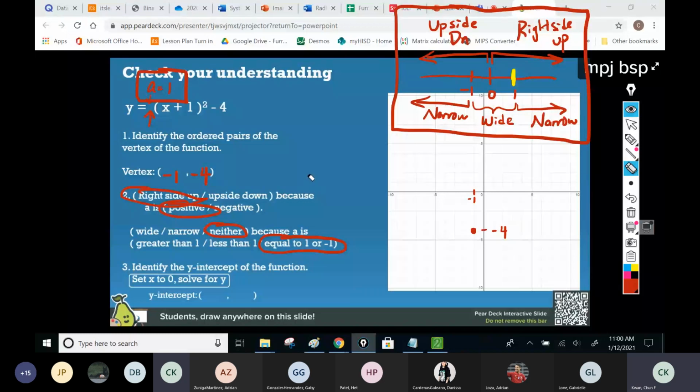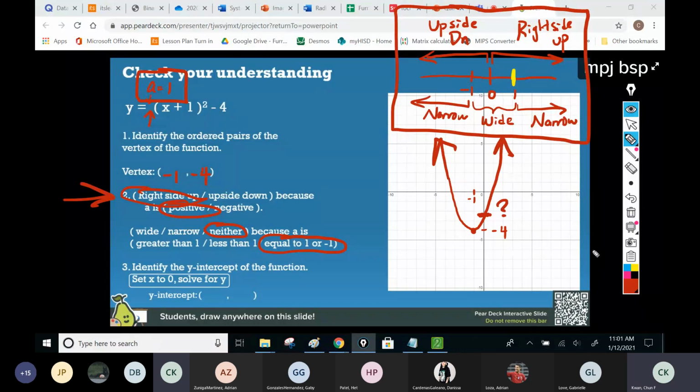All right, let's try to do a really rough draft. We need a graph that is right side up. So your graph should look something like this. Right side up, and it's not wide, it's not narrow, it's in between. Now we have to find out at exactly which point it crosses the y-axis.